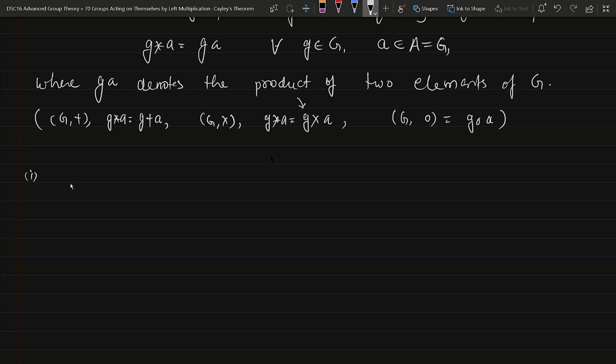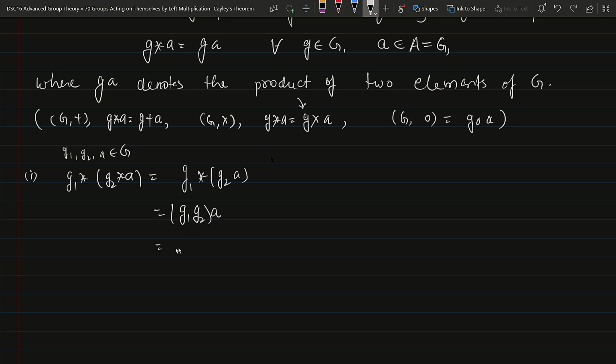You can see if we take G1 and G2, suppose G1, G2 and A are all elements from G, then G1 star G2 star A is, by the definition, equal to G1 star G2A, and this will be equal to G1 G2A.